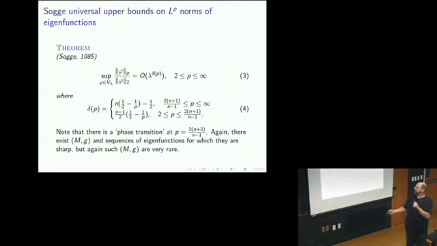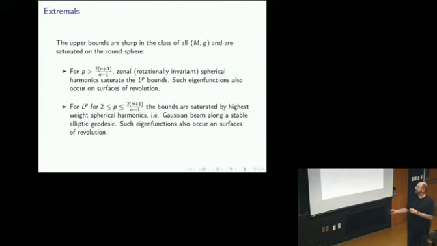I'm just going to be showing some pictures. I think of it as high LP norms and low LP norms, and there's somewhat different geometry in the different cases. All these LP norm estimates are actually achieved on the round sphere by certain special spherical harmonics.